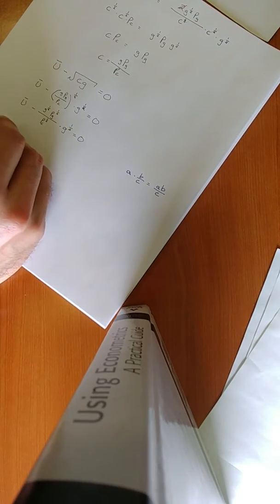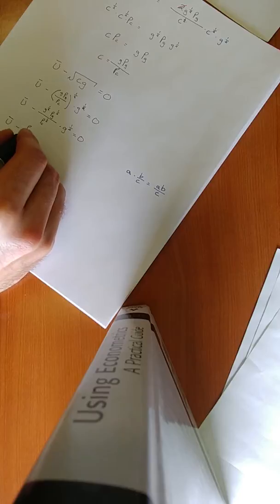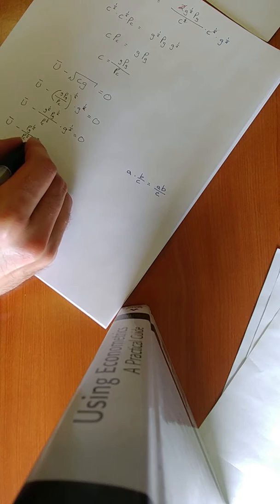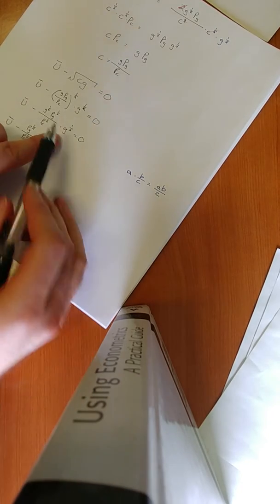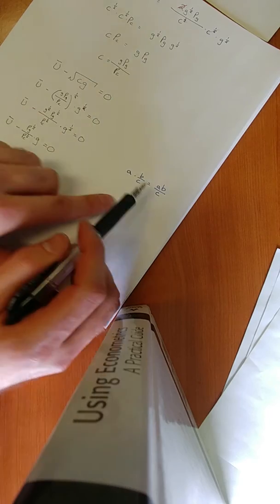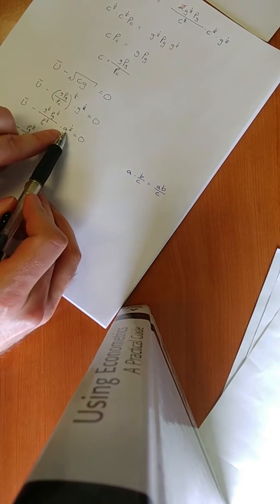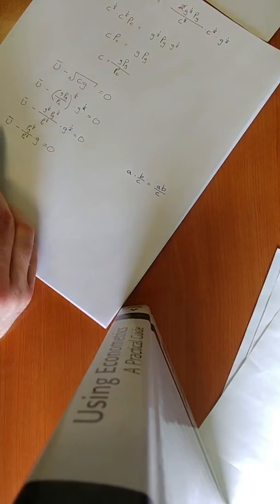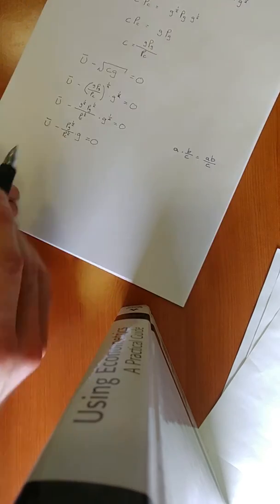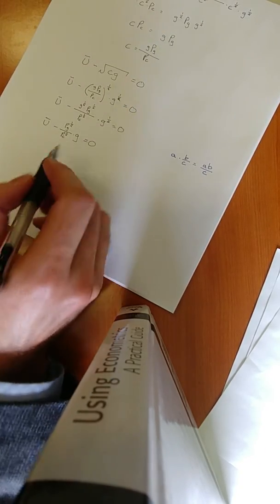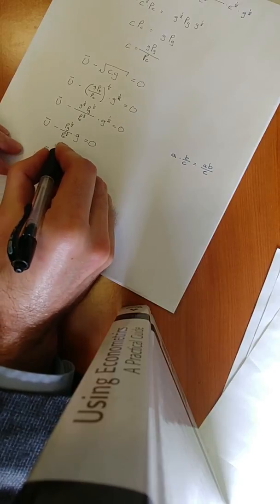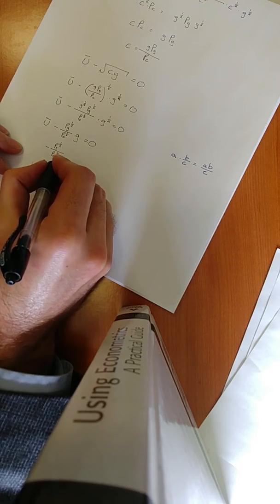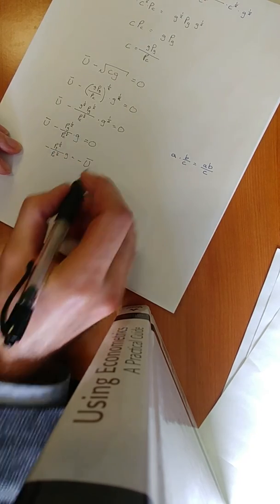So then why don't I rewrite this? pg to the 1/2 over pc to the 1/2 times g. All right, so I can bring this up or I can bring this down, either way, but I'm going to say that this g to the 1/2 times this g to the 1/2 gives me just g. Now this is fairly straightforward. I can solve this. Okay, so then we're just going to solve this for g. We've got negative utility bar.